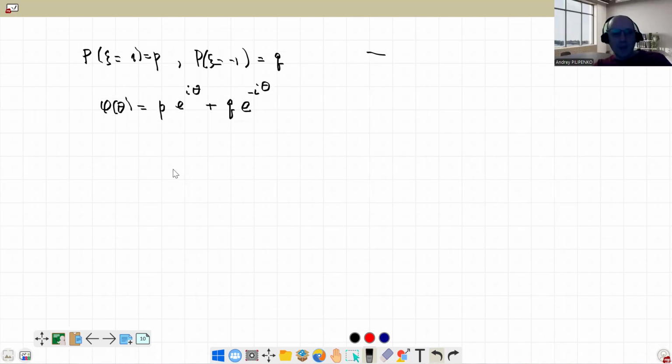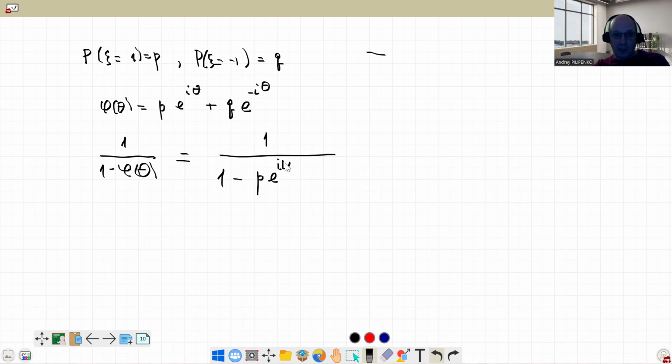Okay. Then 1 divided by 1 minus phi of theta is equal to 1 over 1 minus p e to the i theta minus q e to the minus i theta, is equal to, well, but this is an imaginary number.